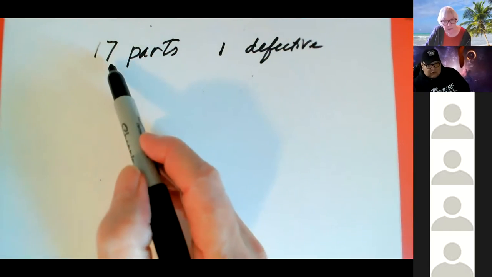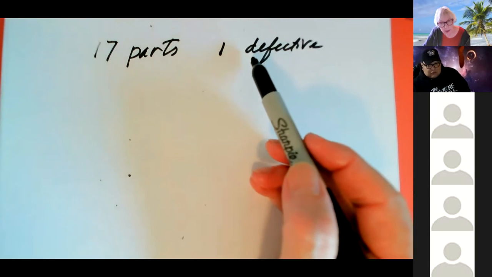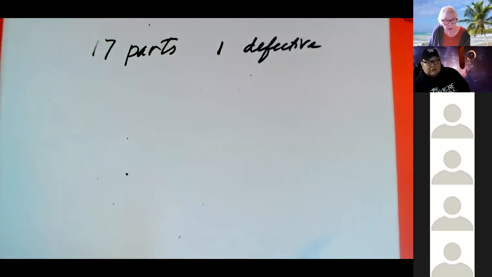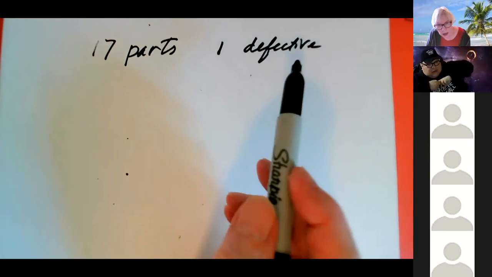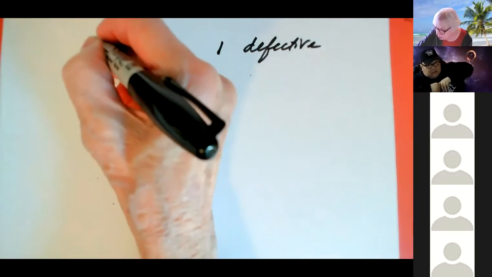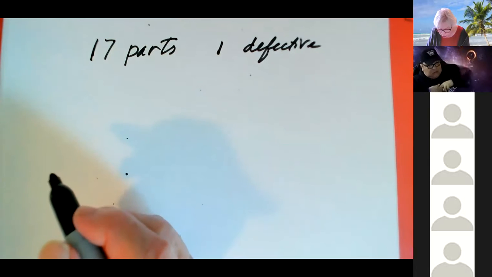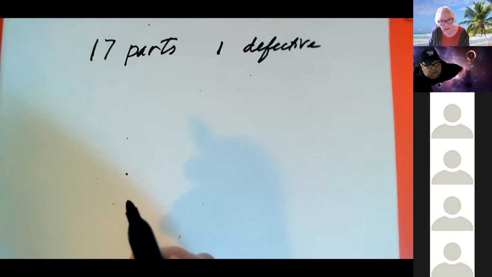So they make 17, and typically in the past, one of those 17 would be defective. Now, this is just on average, but still it helps to figure things, what's going to happen. How many parts were manufactured if the machine had 8 defective?